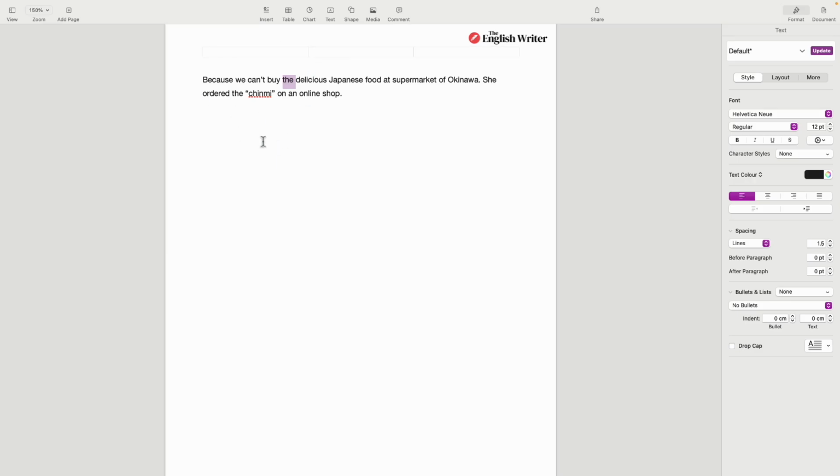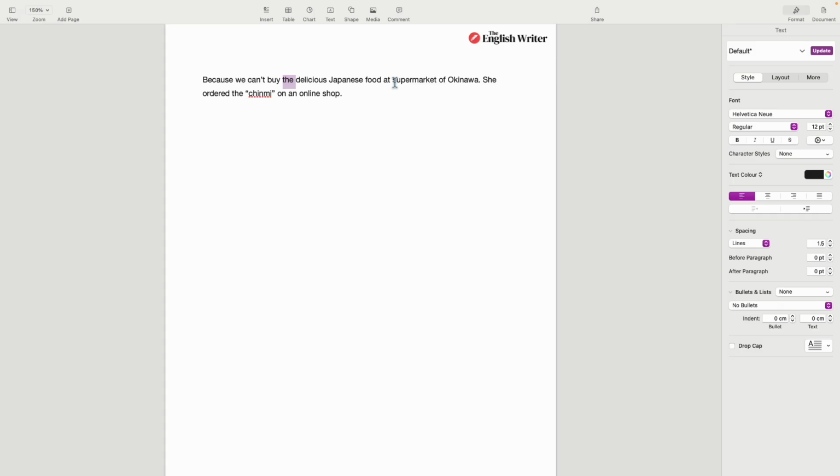But because we don't have the context of the rest of the text, I don't know if it's already been mentioned. If it has, the delicious Japanese food is correct. If it's not, if this is the first time, then it would be incorrect. But I'm going to leave it, and normally I would have to look at the rest of the text or consult with the student.